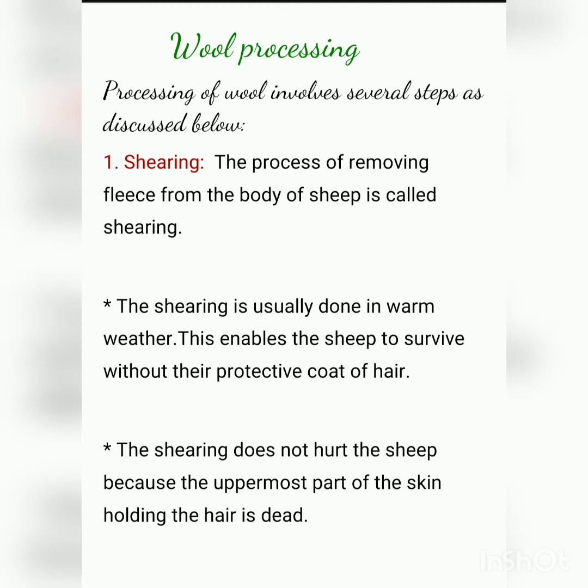First, shearing is usually done in warm weather so that sheep can survive in warm weather even without the protective coat of hair. Second, shearing does not hurt the sheep because the uppermost layer of the skin holding the hair is dead.